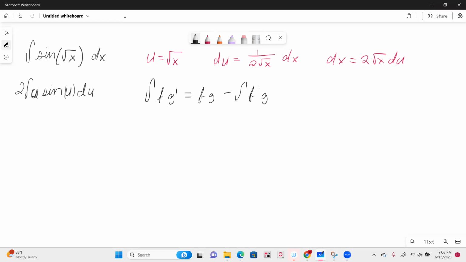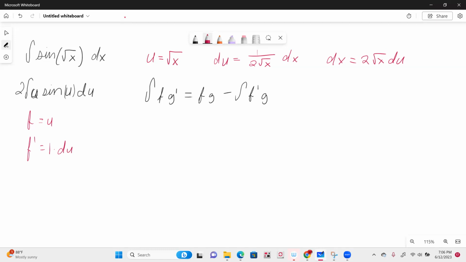Now, let's define our terms. Our f is going to be u. Our derivative of f is going to be equal to 1, right? The derivative of u is 1, but it's going to be times du. That's important.